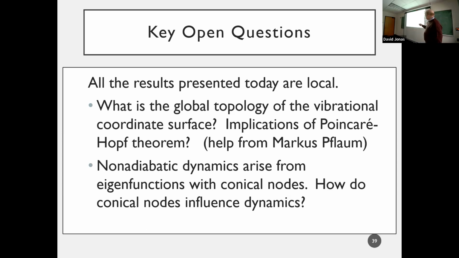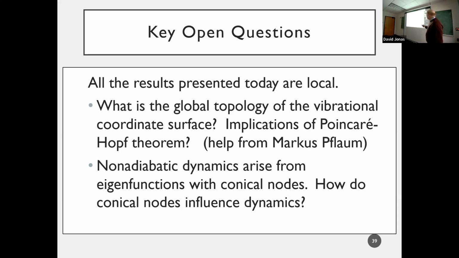One of the first things that has to be done is to figure out the global topology of the vibrational coordinate surface. I just worked in rectilinear coordinates with a kind of local topology, and clearly the global topology of a molecule is a bit more complicated.